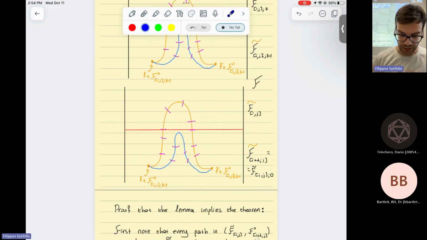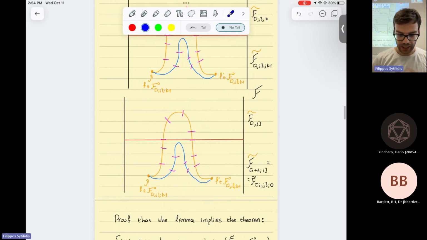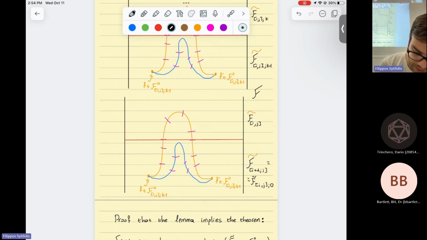Okay, and basically what I'm saying is that if my path lives in F_ij, this F_ij must be F_ij,k for some k.